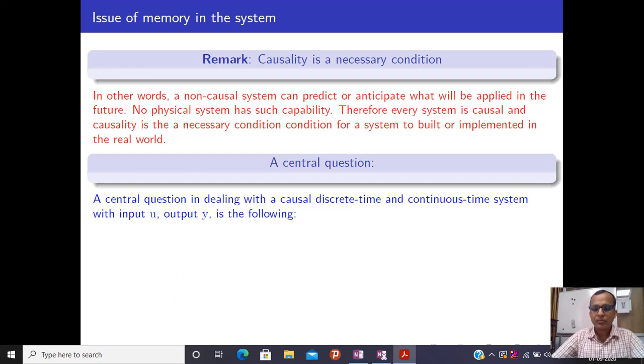Now, one more important or central question you can tell is dealing with causality. So now I am assuming that the output of the system is not going to depend on the future. Suppose I have either a discrete time system or a continuous time system, with input u and output y.